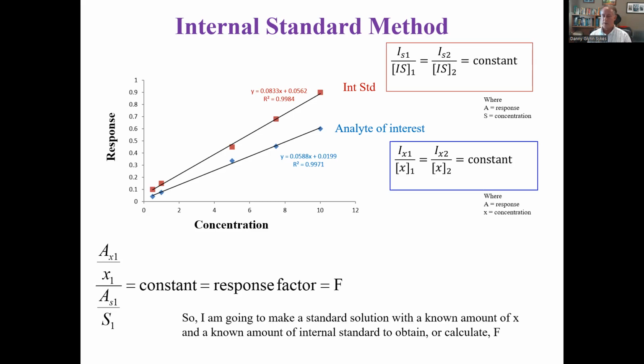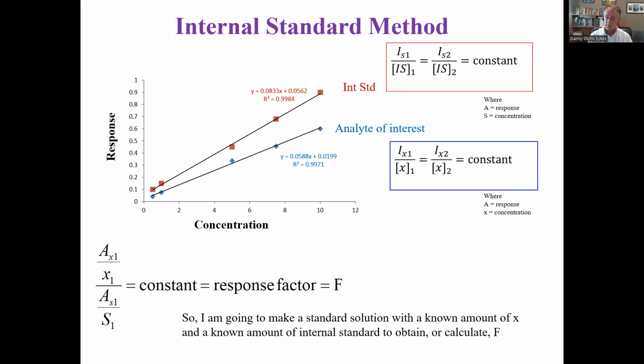Okay, and so what has to happen is I have to know what F is. I have to know what this response factor is. My instrument's going to give me the signal for both the analyte and for the internal standard. So I know those two values. The instrument's going to tell me this, right? So I'm going to add my internal standard, a known amount of it. So I'm going to know what the concentration of the internal standard is in my spiked sample.